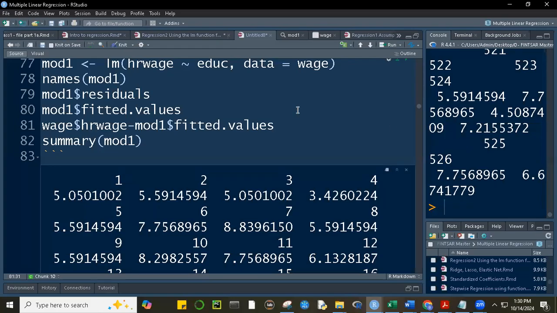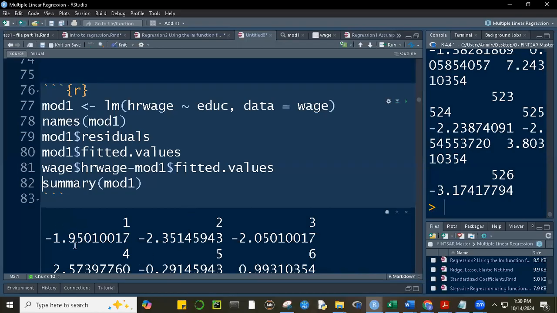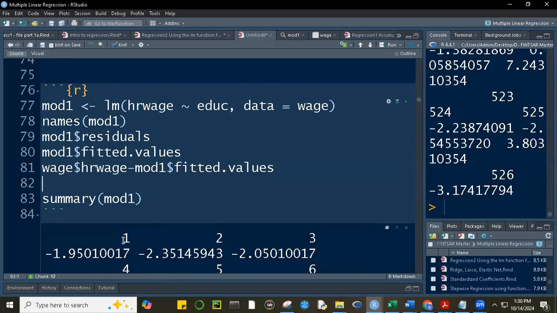Okay? Ito, class, actual values minus fitted values. Run natin, control enter. Okay, ito yung mga residuals natin. So just to show you na, yeah, ito nga yung mga residuals. Di ba? All right.